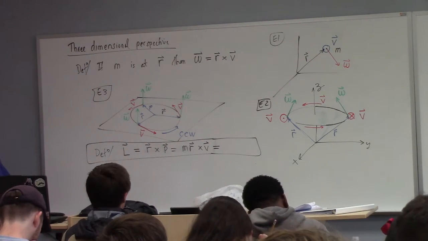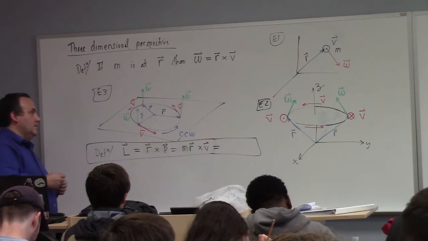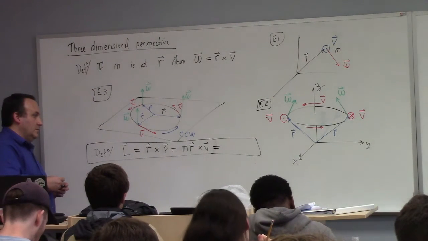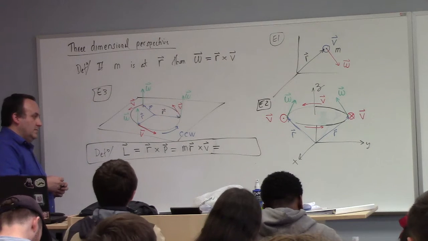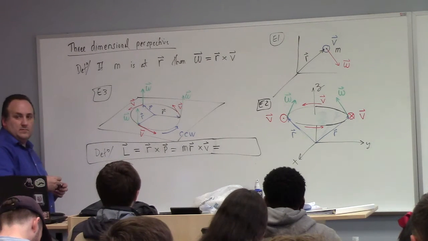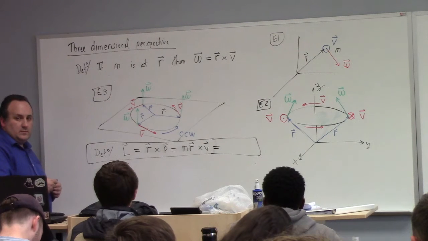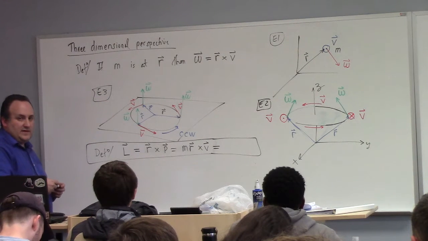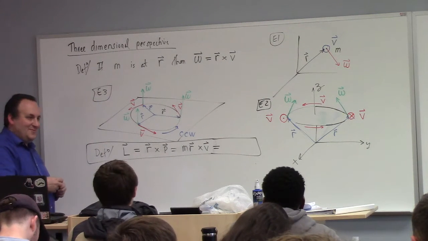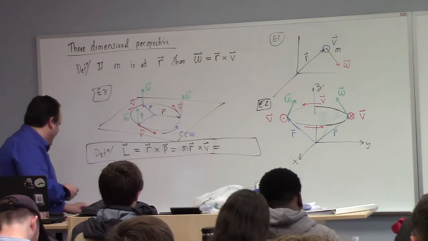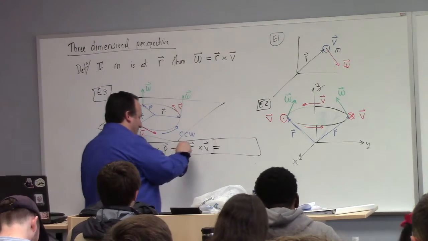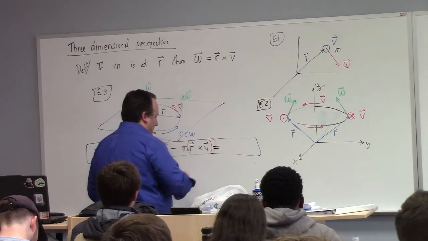Yeah? Quick question, why is it not r cross v? Why is that not r cross v? I pulled the m out. But why did you put it on after versus other? Because I can. I mean, what do you want from me? Are you asking like the deeper reasons?